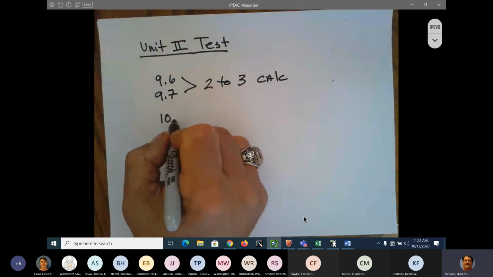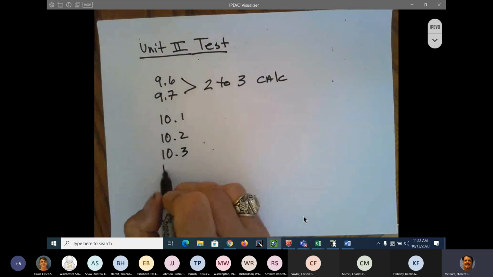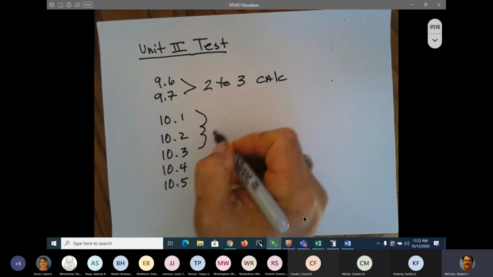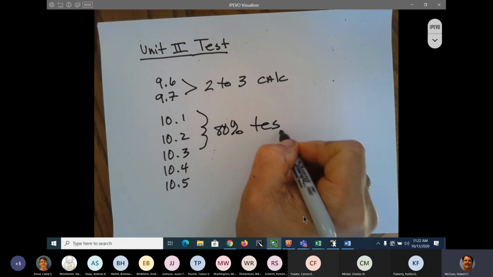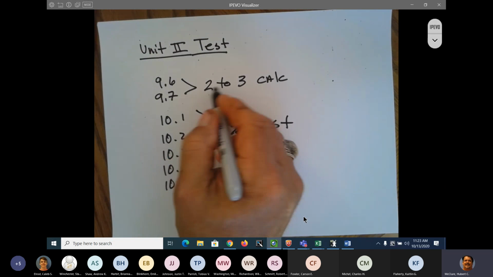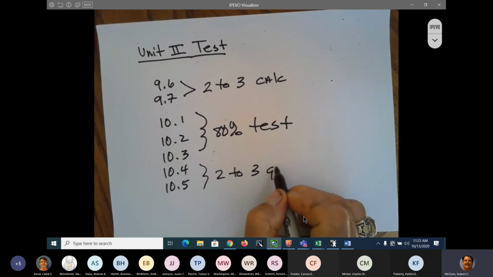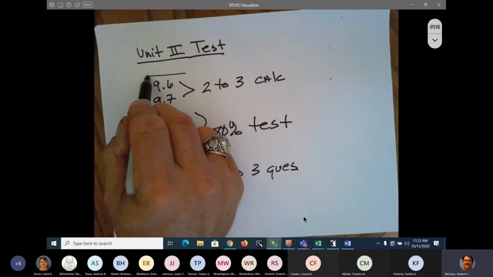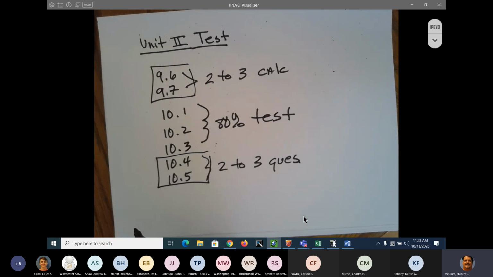And then 10.1, 10.2, 10.3, 10.4, 10.5, and 80% of your test is going to come from there. So 2 to 3 questions from the calculator sections, and then the rest is going to be identities from 10.1 through 10.3.